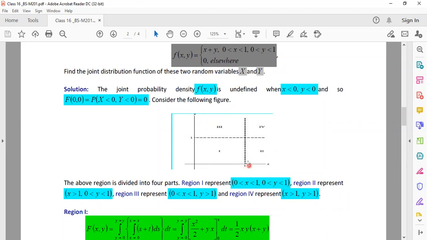We are marking the point 1 on the x-axis and 1 on the y-axis. Now we have divided the region into several parts, and part-wise we are going to consider them and check what sort of probabilities they are giving us.